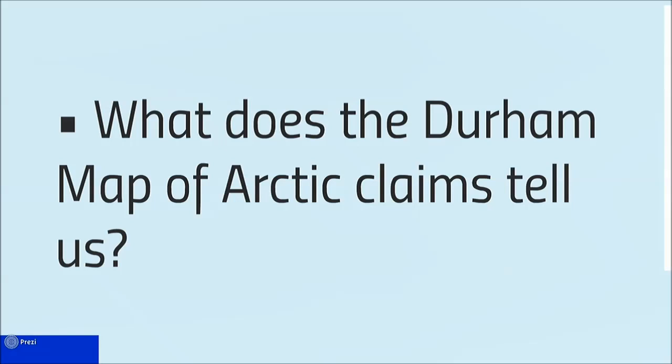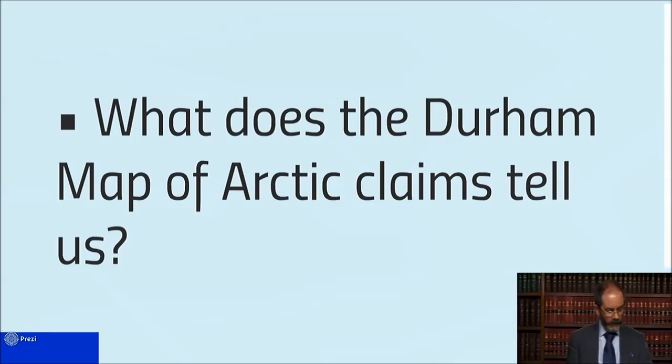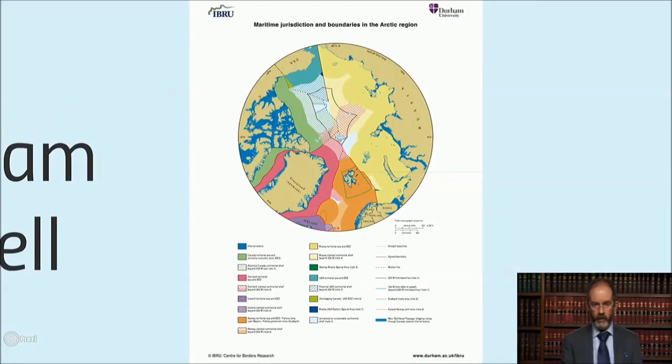Now, going back to some of those questions about the outer limit of the continental shelf, one of the useful things here to look at is the Durham University International Boundaries Unit map of the North Pole and potential claims. You can look at it in your own time. I'm just going to highlight a few points of particular interest.